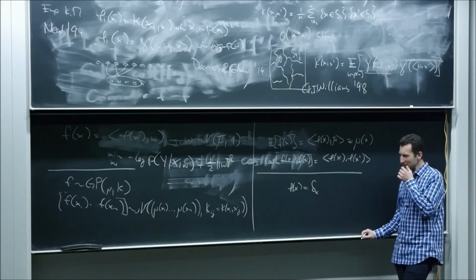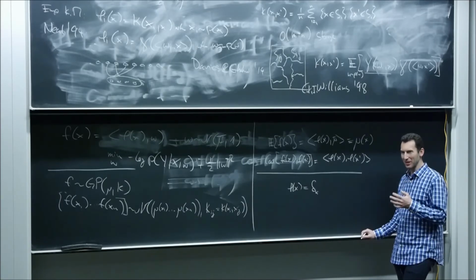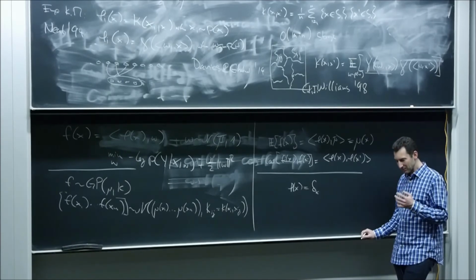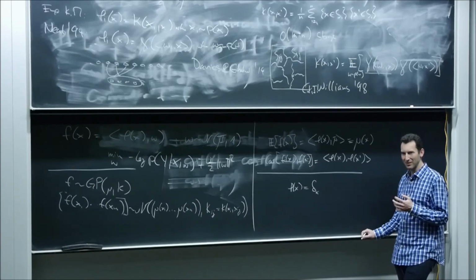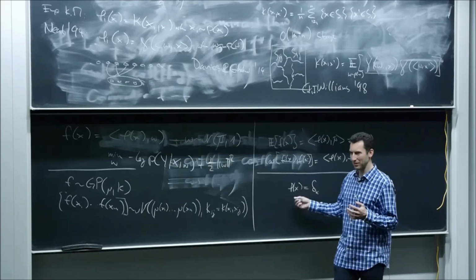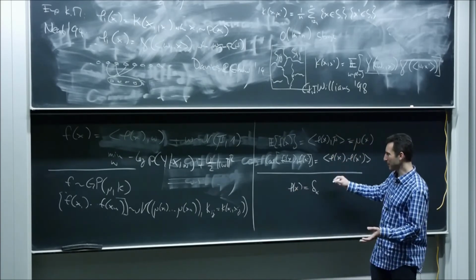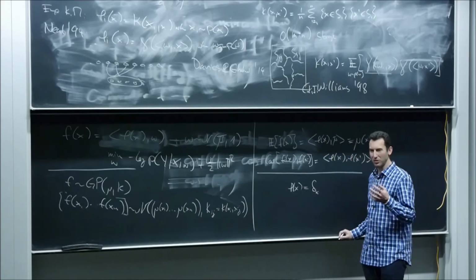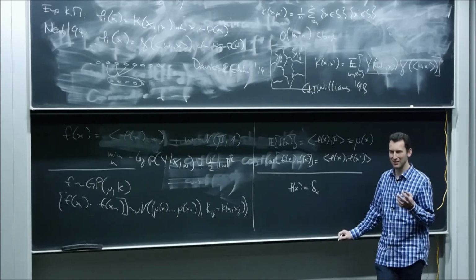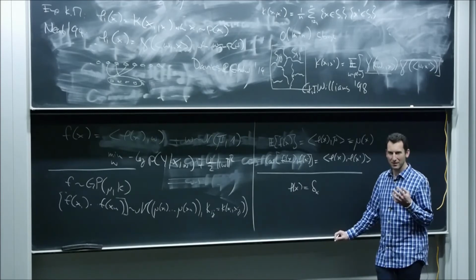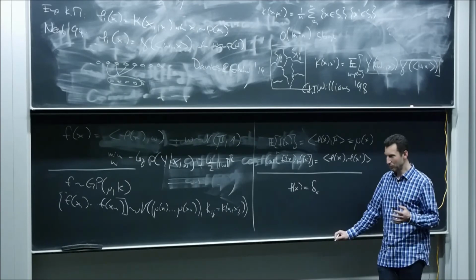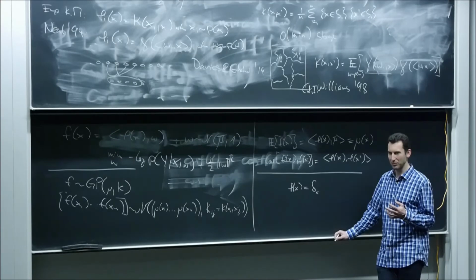So you could ask something like, what is the dimensionality of the data? Basically, you look at the subspace that spans all the mu of x's, and this will then give you a more reasonable representation of this mu.